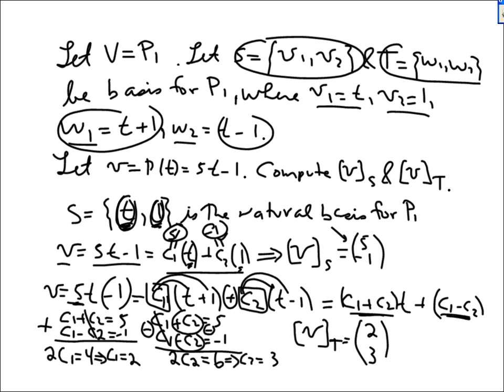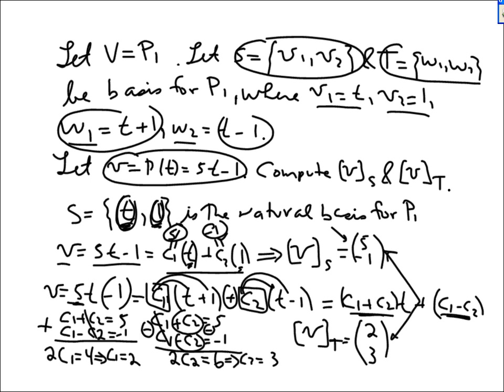So I found the coordinates for vector V with respect to two different bases, and they're not the same. These two answers are not the same. But they still will give me back the same V.